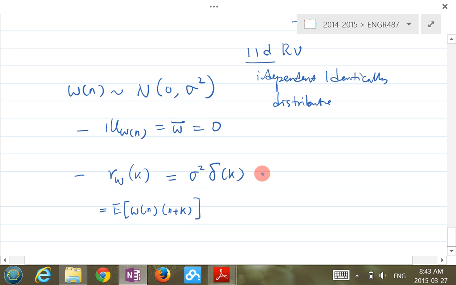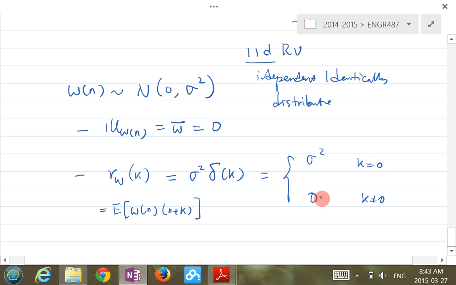Why do I write it this way? This delta, if you recall from the Z transform, is the Kronecker delta function. It basically means that when k equals 0, it is 1, giving sigma squared. If k is not 0, then this whole term is 0.